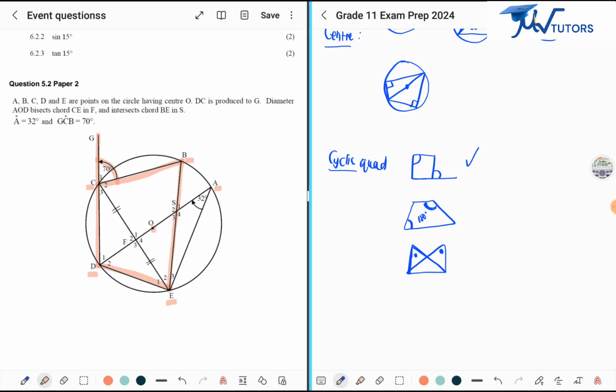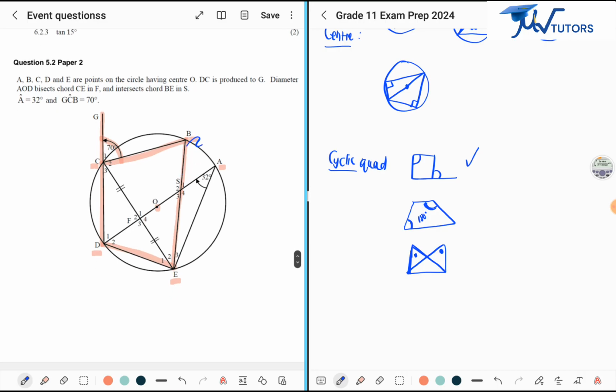No. If I look at chord CD, it only goes to E1. If I have a look at chord BE, there I have D2 that comes from BE, and I also have C2, so at least I have something like that as well.